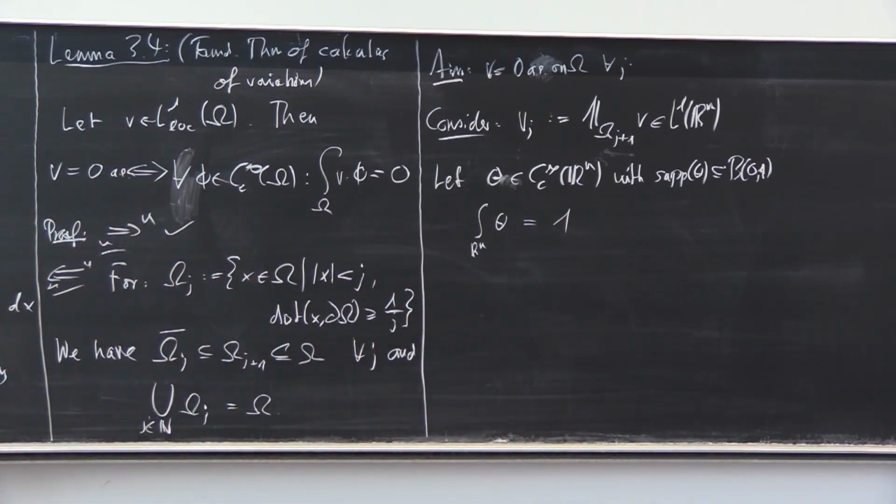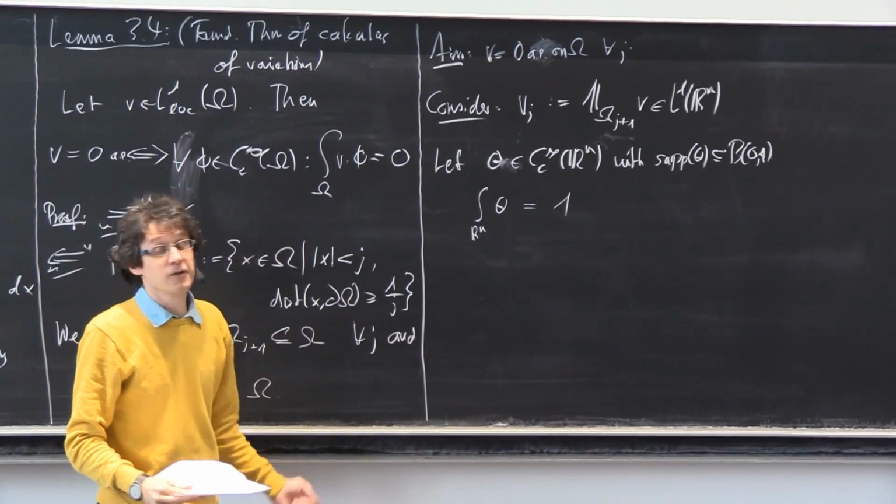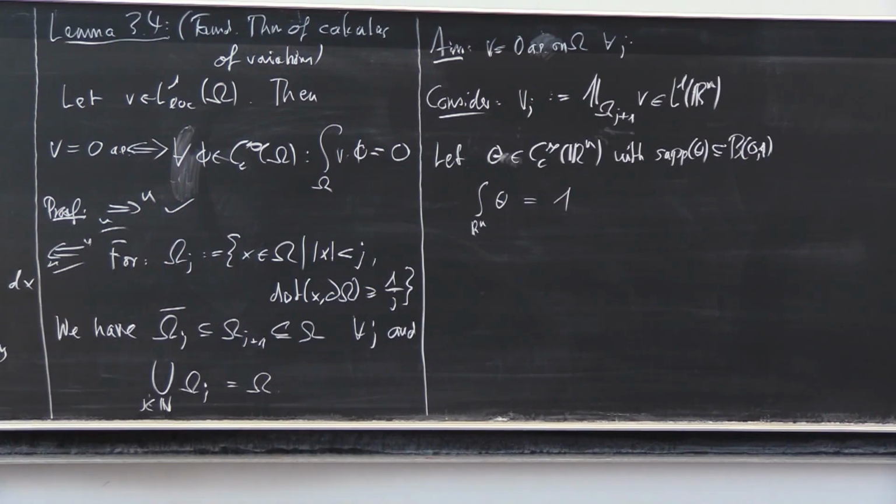So a usual starting point for a mollifier. If you do not know about mollifiers, go back to section 1 of the lecture. The toolkit for mollifiers is in there.